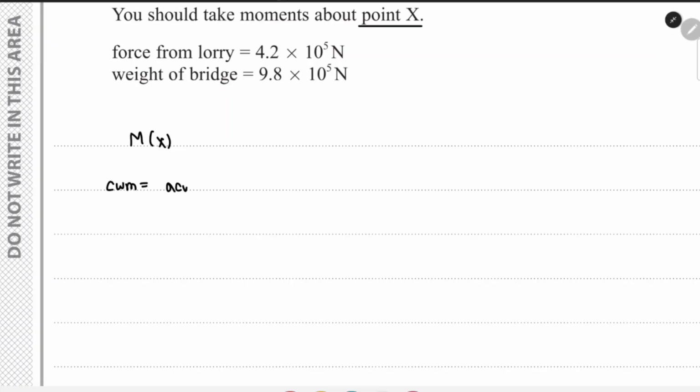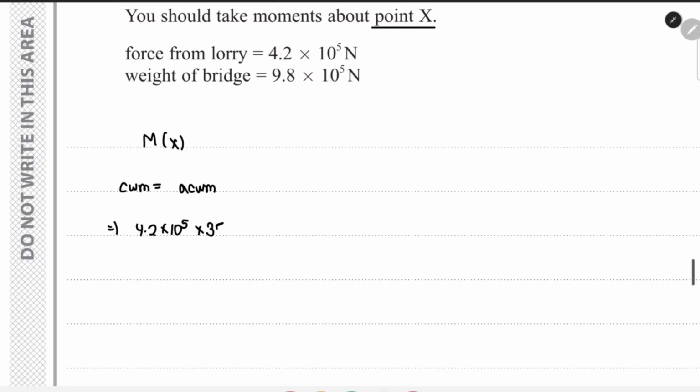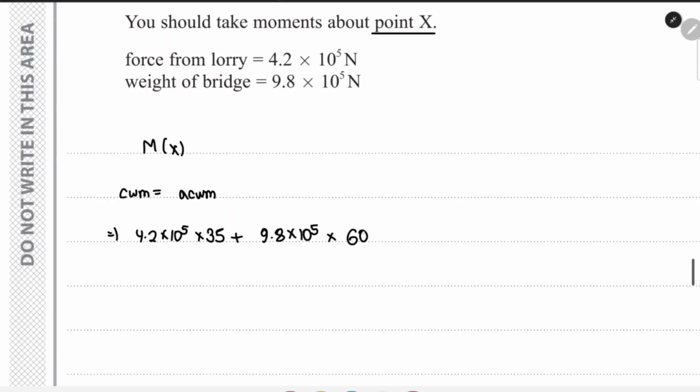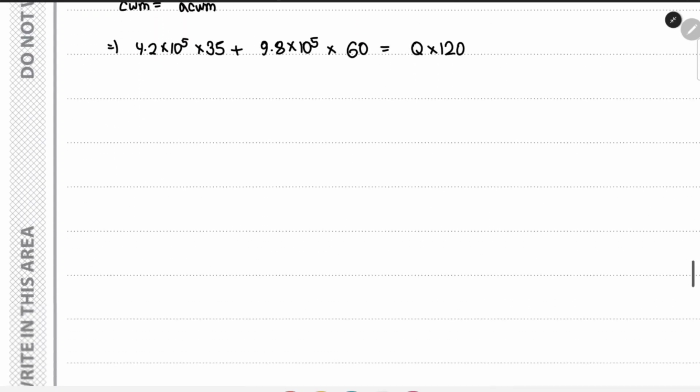So clockwise moment equals anti-clockwise moment. We are given the force from the lorry, which is 4.2 × 10^5 multiplied by 35, plus the weight of the bridge, 9.8 × 10^5 multiplied by 60. This equals Q multiplied by 120.